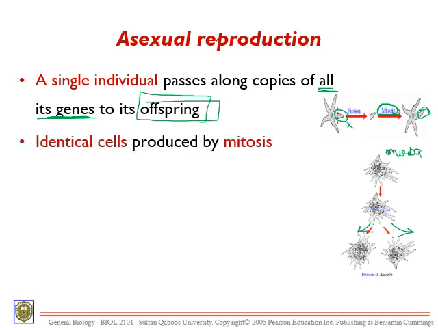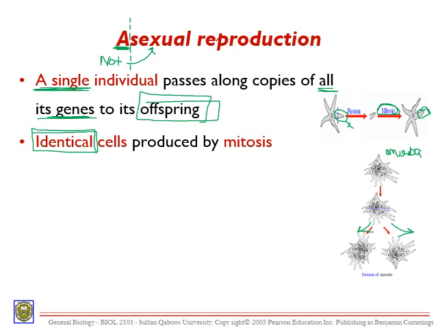Now, in this case, when you have mitosis or asexual, of course, we haven't discussed this term. Let me go back. Asexual means, what does A in science or in biology mean? It means not. So this is not sexual. Okay? Alright, so in asexual reproduction, the cells that are produced are identical cells. And of course, this makes sense because you've got only one parent or a single individual.